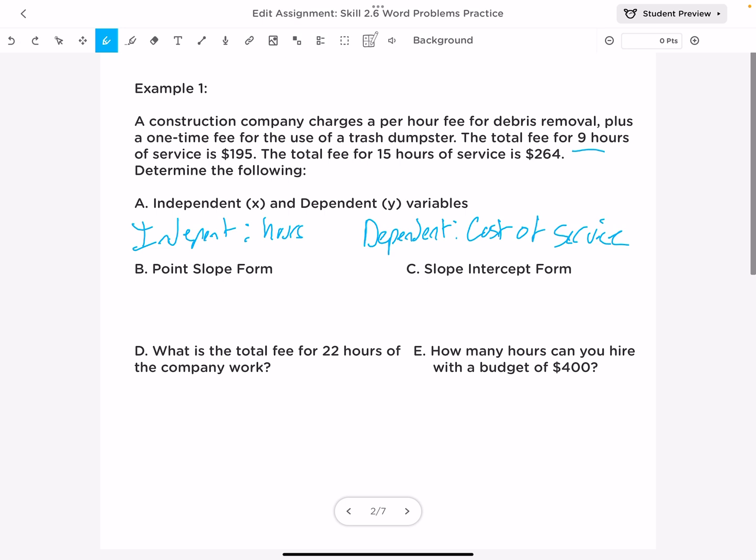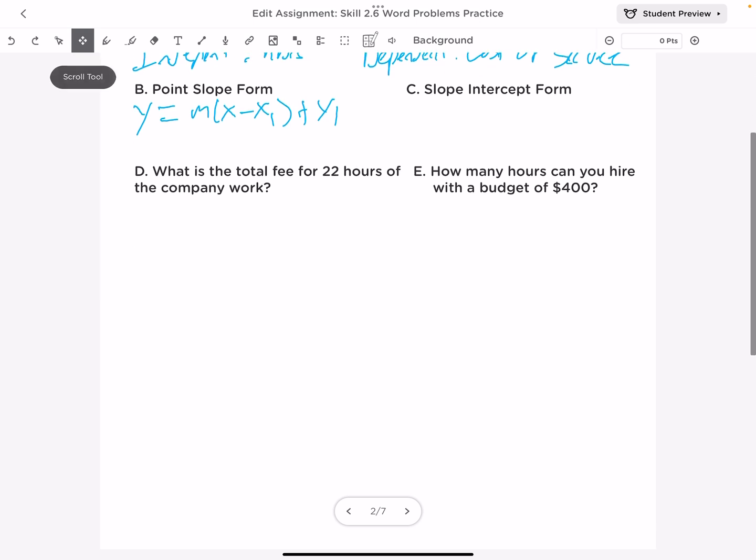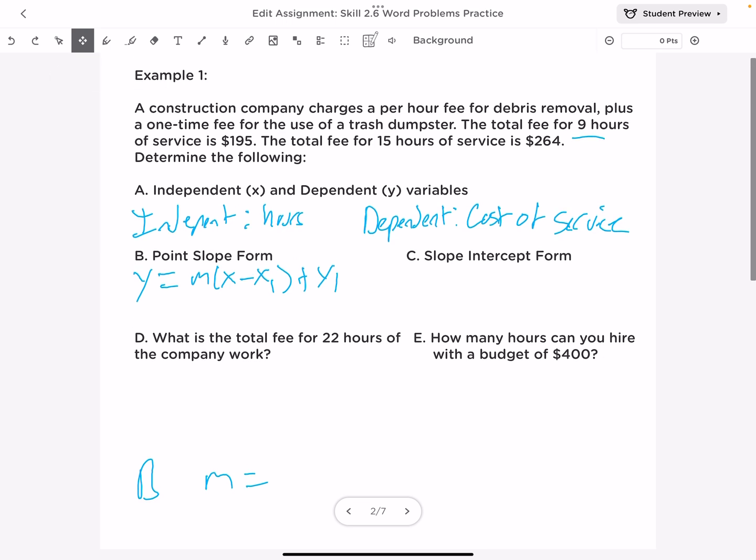Now point slope form, remember, is y is equal to m times x minus x1 plus y1. The first thing is m, so I'm actually gonna come down here in part B because I need to calculate the slope. Now I'm given kind of two things, so I'm given like 9 hours is $195.